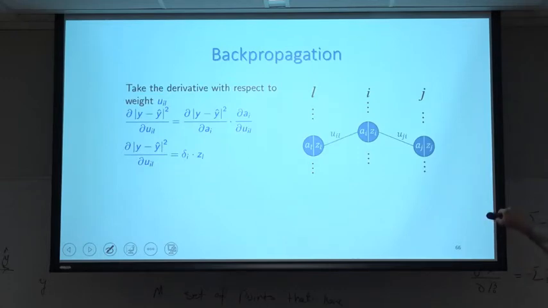So the derivative of the cost function with respect to u_i^l would be delta_i, which I don't know, times z_l, which I know. Now I have a problem with this delta_i, so I have to compute it somehow. So delta_i is the derivative of the cost function with respect to a_i, which was hard to compute.